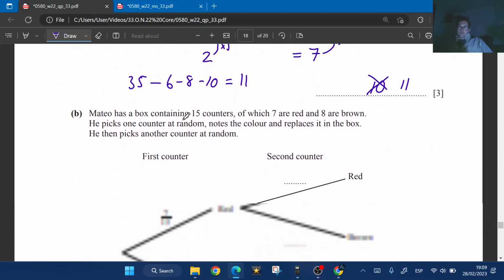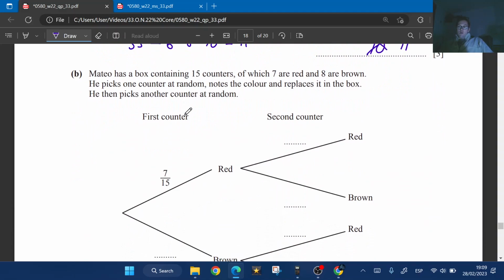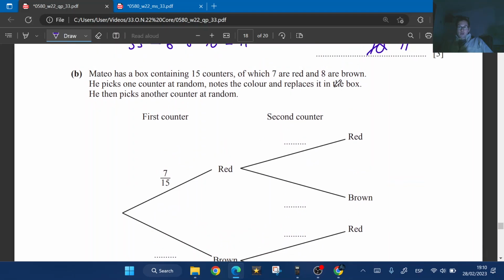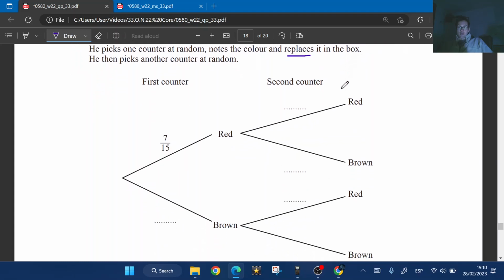Interesting question. B. Matteo, hello Matteo, has a box containing 15 counters, of which 7 are red and 8 are brown. He picks one counter at random, notes the color, and replaces it. That's important. He puts it back into the box and then picks another counter at random. So 7 out of 15 is red.